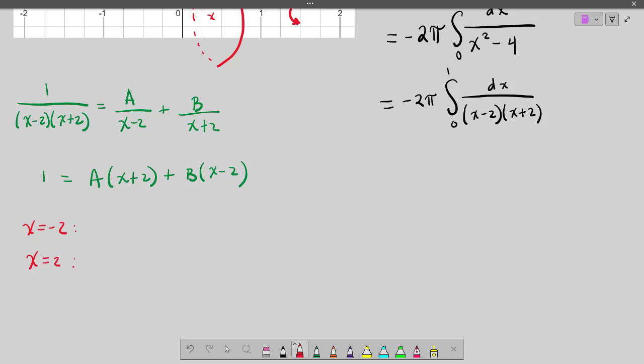We'll do that. So we plug in negative 2 across the board, and I am seeing that equation. If I plug in a 2 across the board, I am seeing that equation. So B is negative 1/4, and A is positive 1/4.